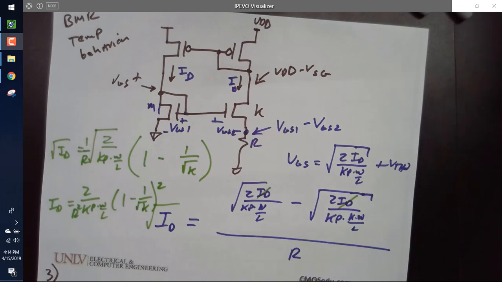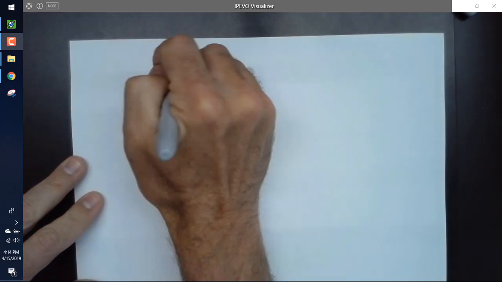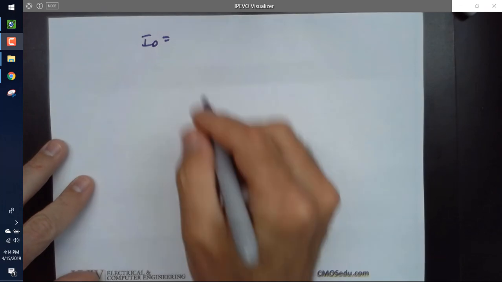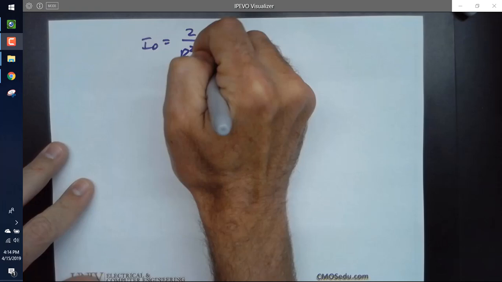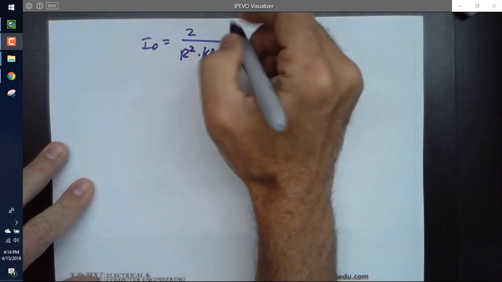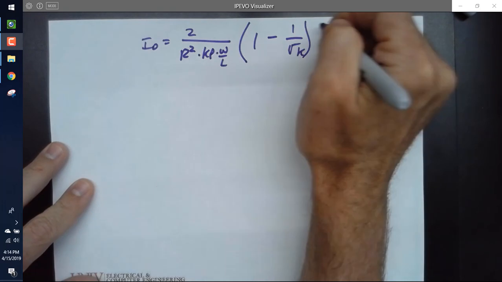And so now our question is, how does the reference current change with temperature? So I'm going to rewrite this equation over here as ID equals 2 over R squared times Kp times W over L times 1 minus 1 over the square root of K, squared.